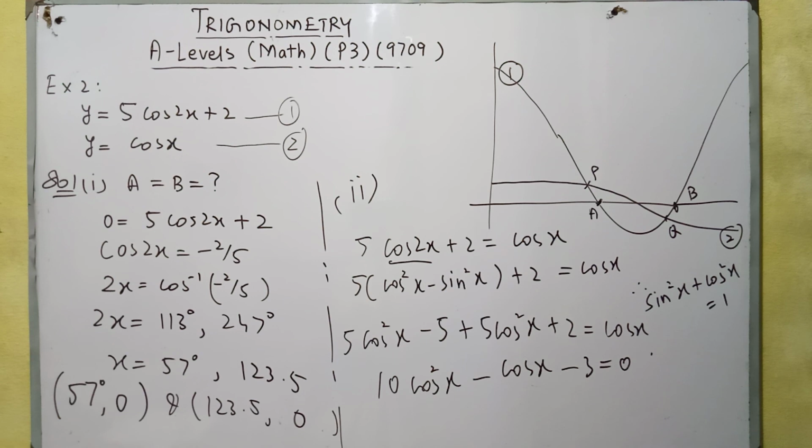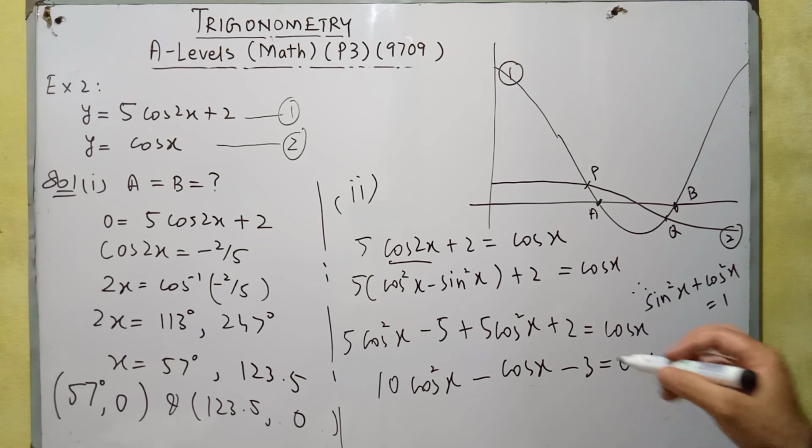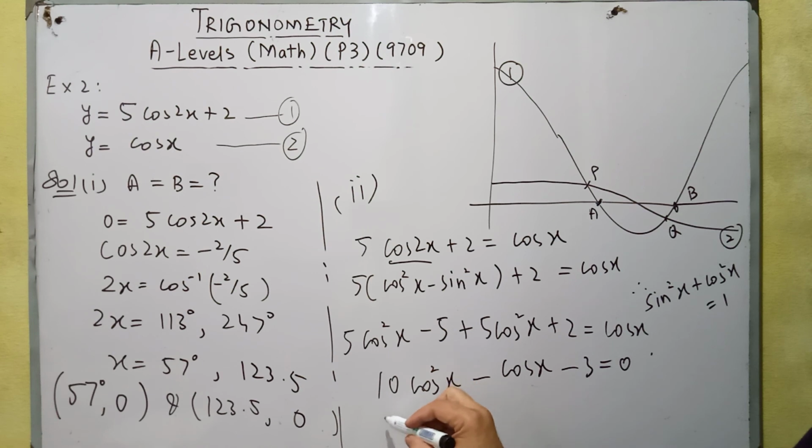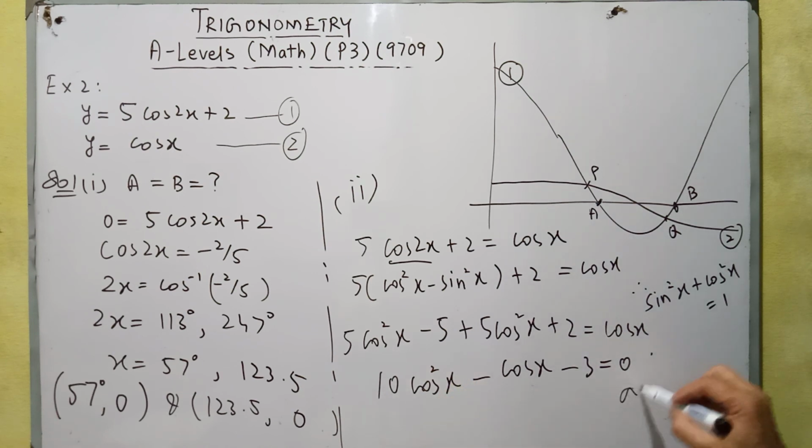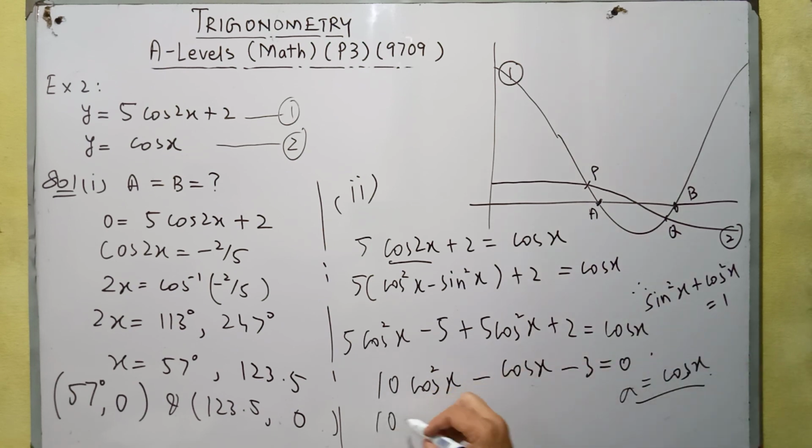We have a quadratic equation in terms of cos, and if we solve the quadratic equation, let's suppose a is equal to cos of x, so that will become 10a square minus a minus 3 is equal to 0.